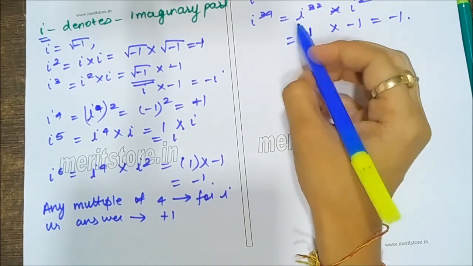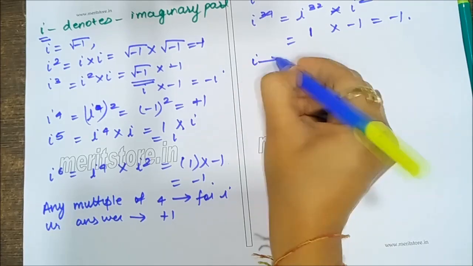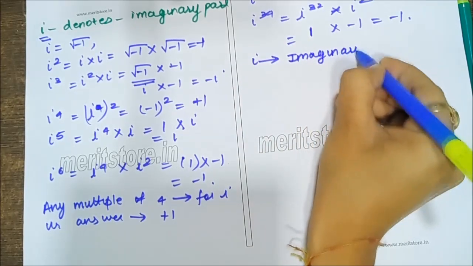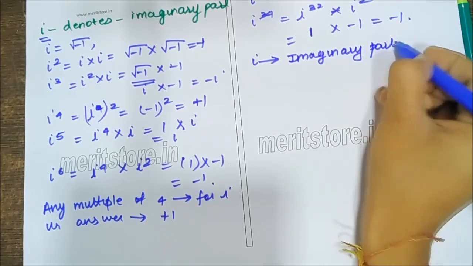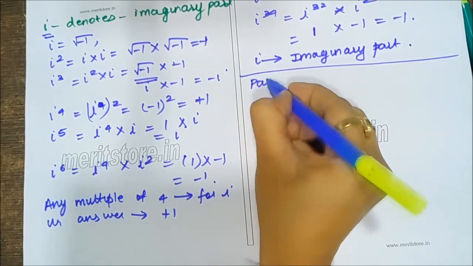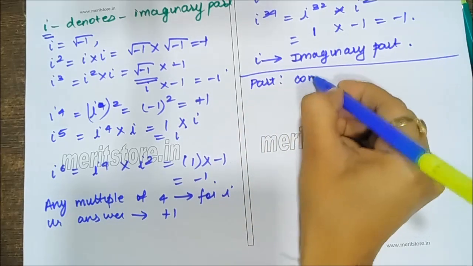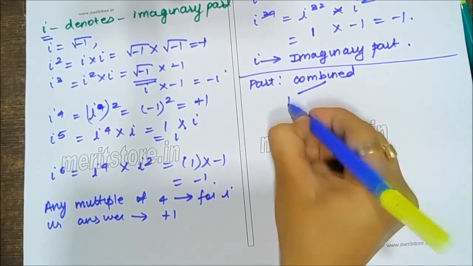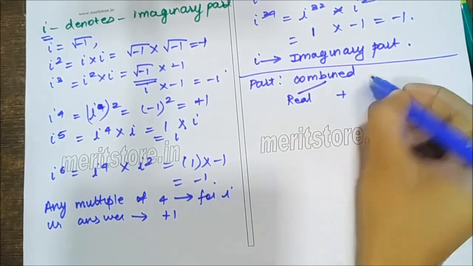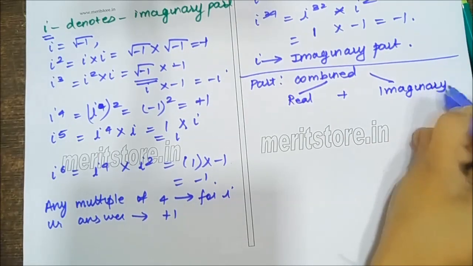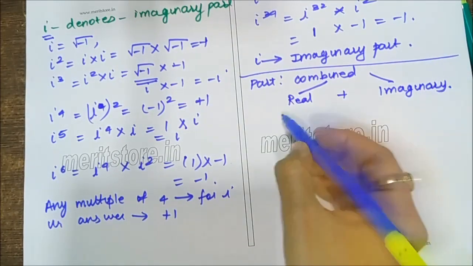Now again starting with i, it denotes the imaginary part of a number, and when the imaginary part is combined with the real part, real plus imaginary, what happens?